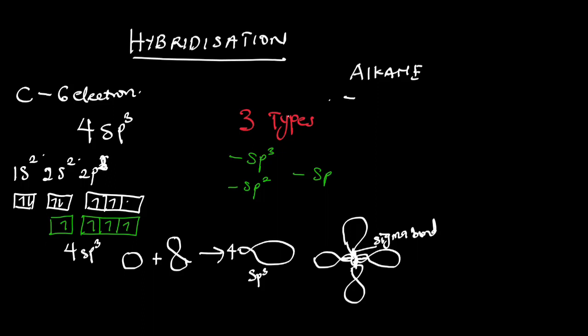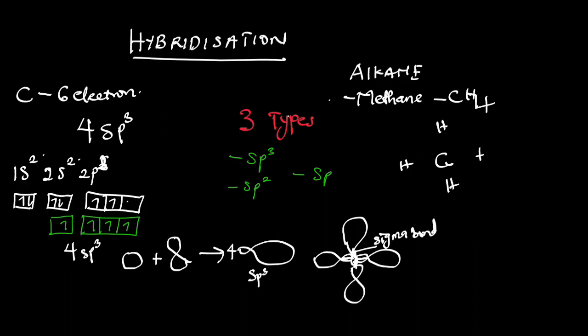Let's explain everything using alkane, and I'll use its first member, which is methane. Methane is written as the chemical formula CH4, right? Alright, so we have C, which is our carbon. We have H, H, H, H. Remember that this C, based on what I explained here, has 4 sp3 hybrid orbitals.